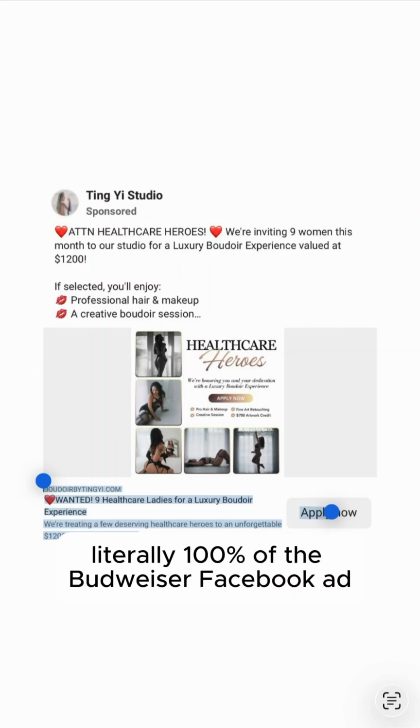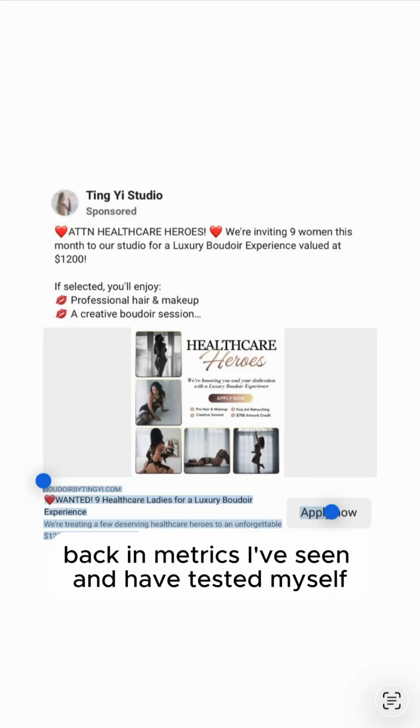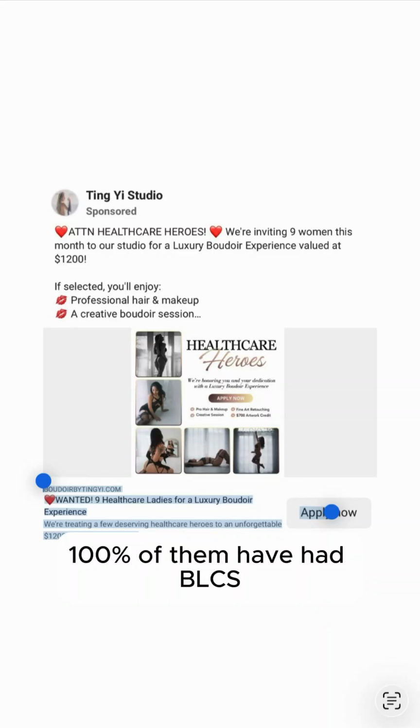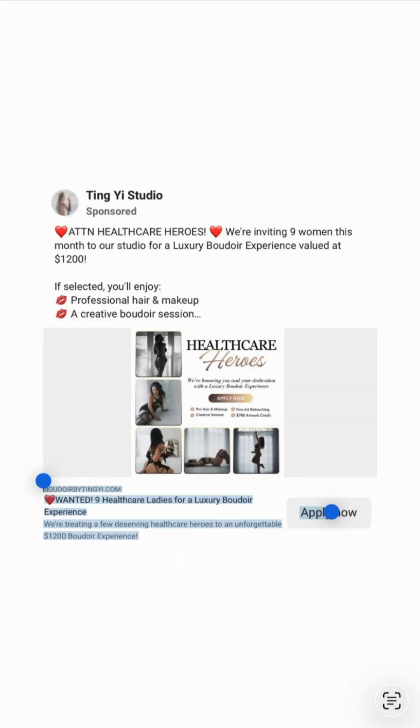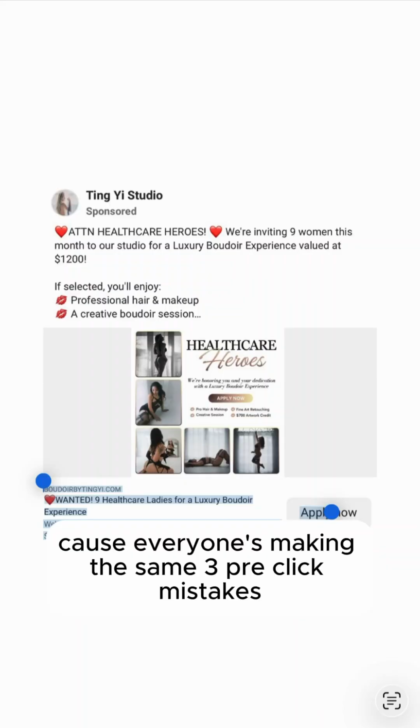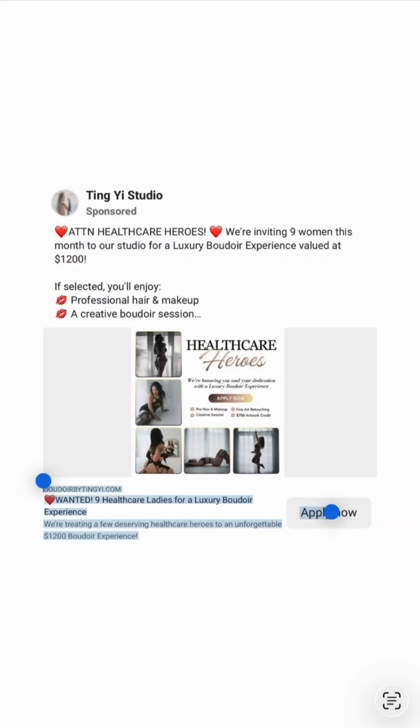Well, in literally 100% of the Boudoir Facebook ad backend metrics I've seen and have tested myself, 100% of them have had BLCS, Boudoir low click syndrome, with a unique CTR under 6%. And why is that? Because everyone's making these same 3 pre-click mistakes.